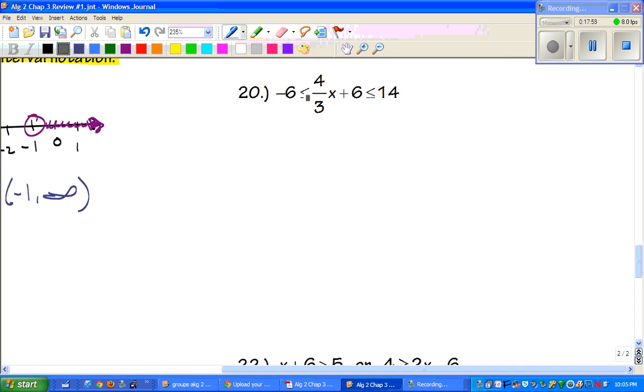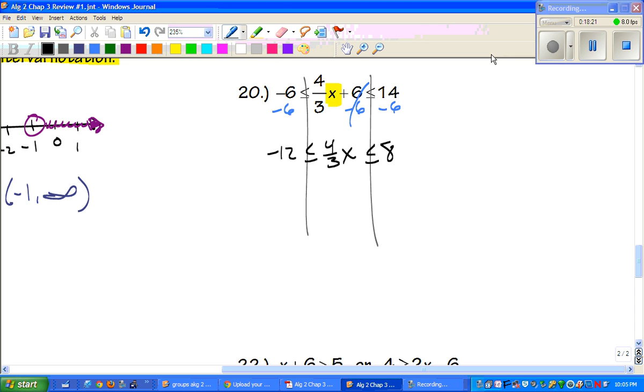All right, next one. Draw my line so I can see everything. We want to solve for x, which is right there. First thing we have to do is subtract 6 to everything. Negative 6 minus 6 is negative 12. 4/3 x and 8.